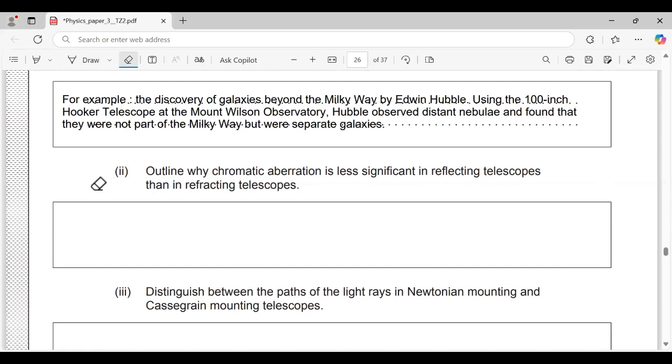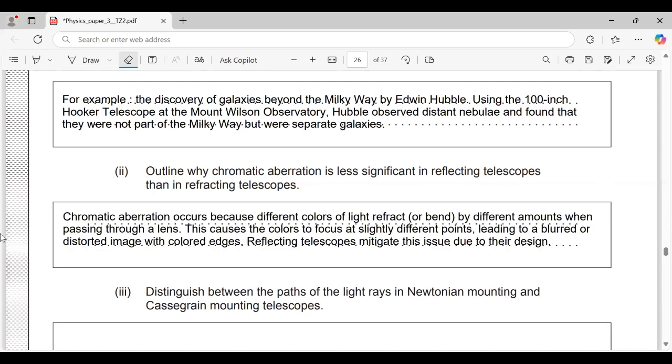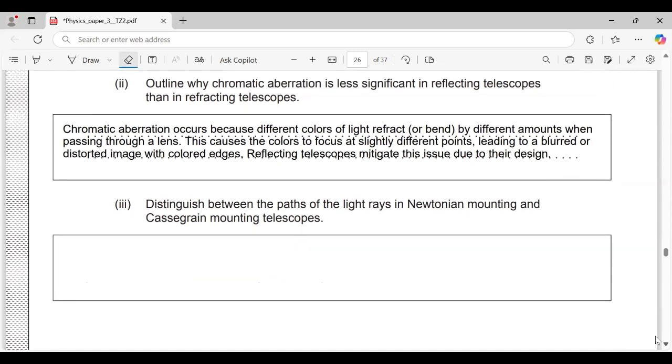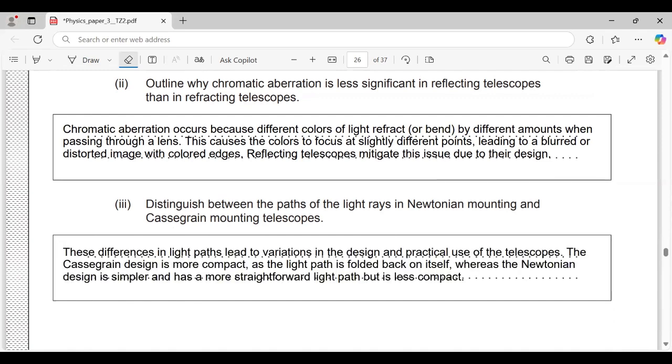I have provided my brief explanations. You may copy or you may add something according to your opinion. Next, the third, distinguish between the paths of the light rays in Newtonian mounting and Cassegrain mounting telescopes. I have provided that as well.